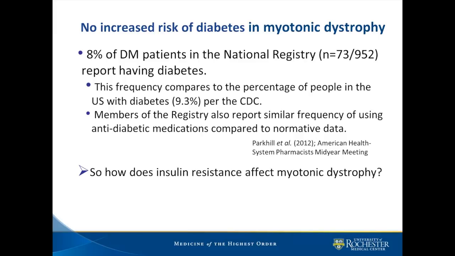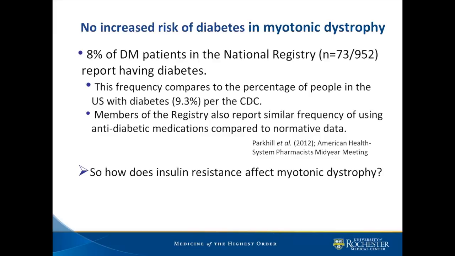Now, the good news that I've said a couple of times already is that there really doesn't appear to be an increased risk of diabetes, that is type 2 diabetes, in patients with myotonic dystrophy. This is supported strongly by the information we got from a recent survey of the NIH National Registry of patients with myotonic dystrophy, in that 8% of the myotonic dystrophy patients reported having diabetes.